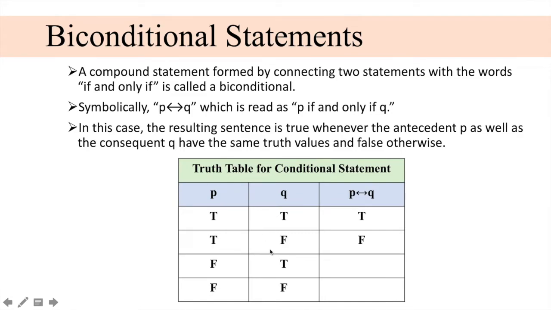They must both be true or both be false for the resulting sentence to be true. That one is false, and the last one is true because they are both false.